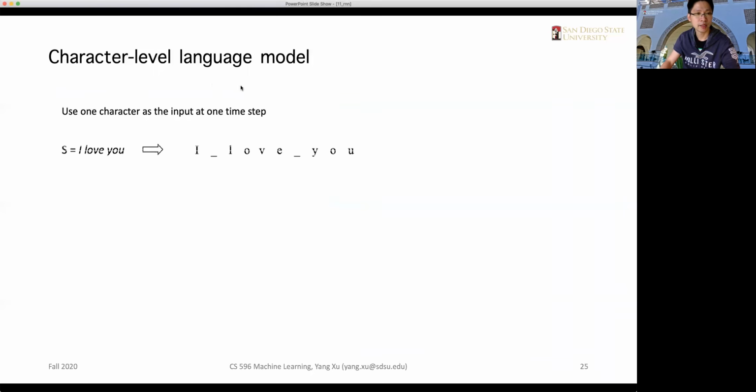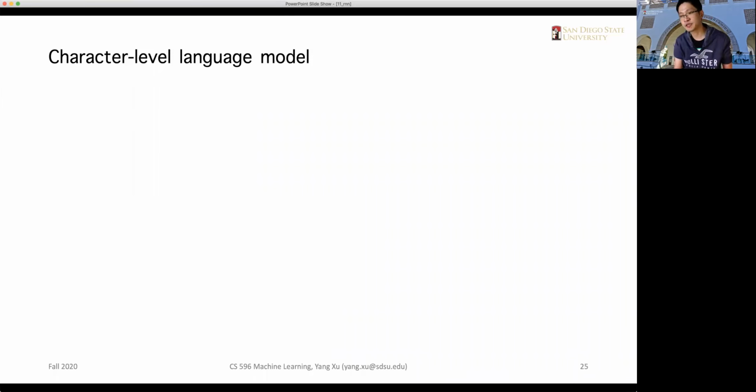So finally, let's look at this slide. It's a character-level language model. All the language models we previously introduced as examples are word-based, right? We first need to segment a sentence into a couple of words. But in the European languages, all the words are composed of alphabet letters, so we can basically use a character-level language model.